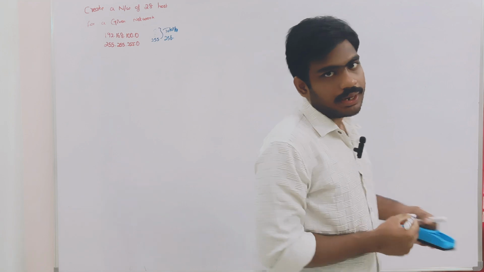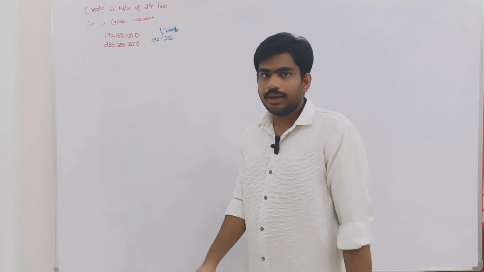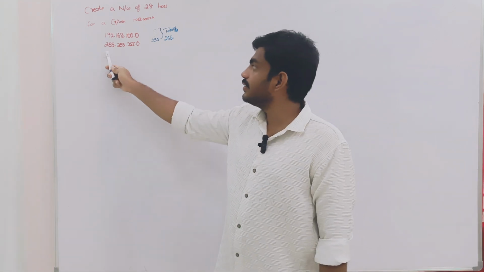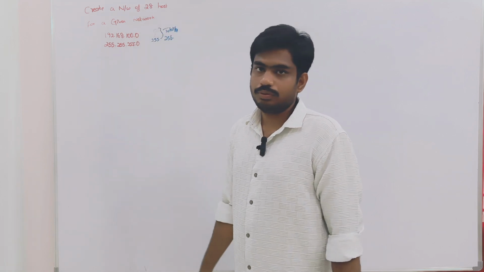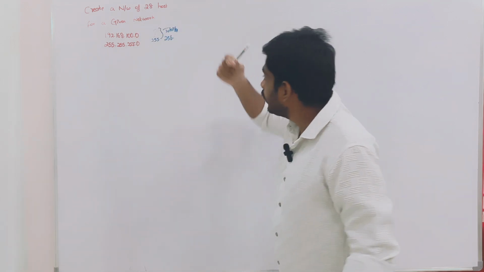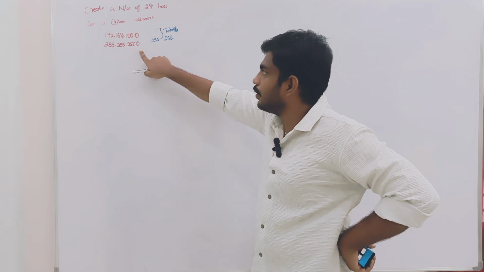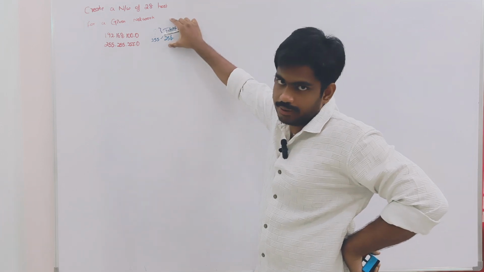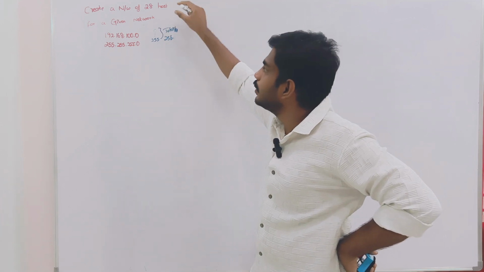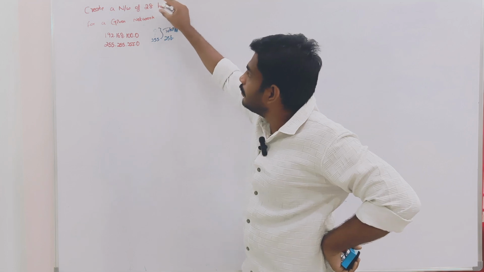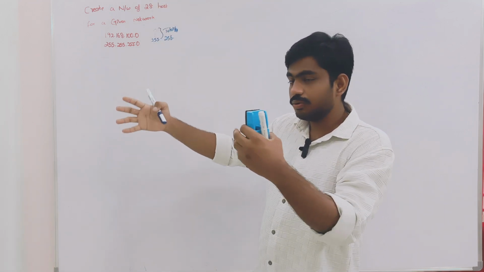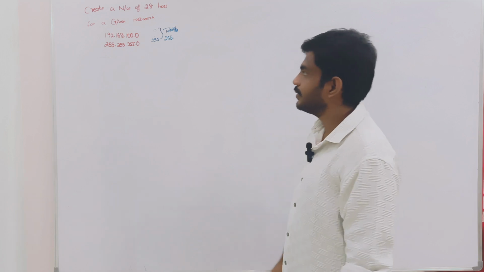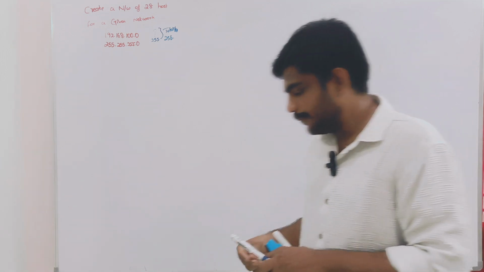Now the scenario is you create a network using this class C network for 28 hosts, which means you don't want all these IP addresses. Instead I want a number not much above 28, closer to 28. Yes, let's see how it is possible.